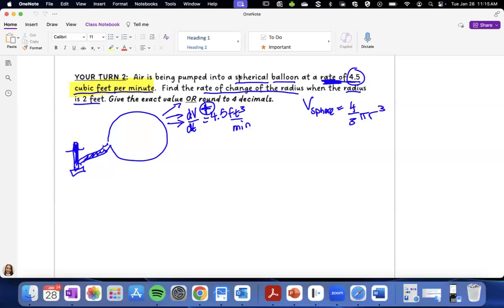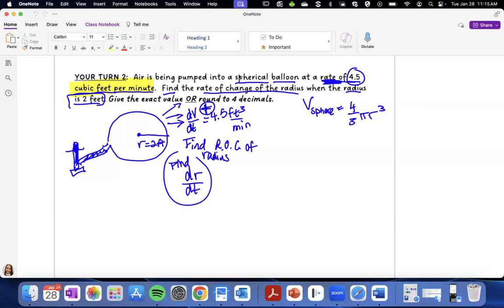I also know the radius is 2 feet. I want to find the rate of change of the radius, so dr over dt. That's my goal.